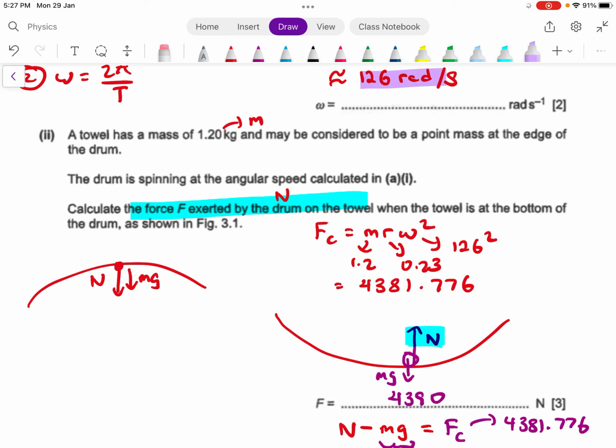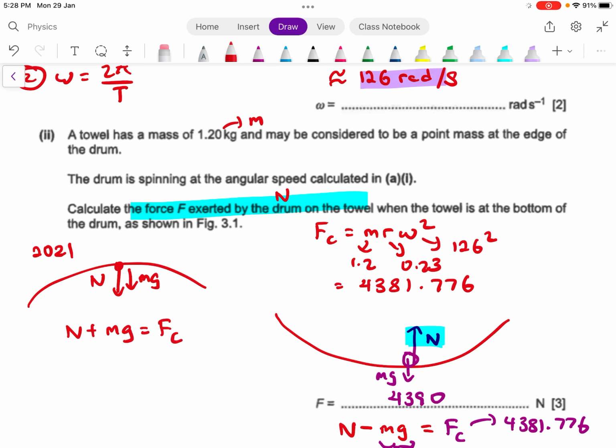You can see the very stark similarity between the 2021 A-level circular motion and the 2022 A-level circular motion. For 2021, they asked about the normal contact force when the ball is at the top of the loop. Obviously, the normal contact force and weight provide the centripetal force, so N plus weight gives the centripetal force.